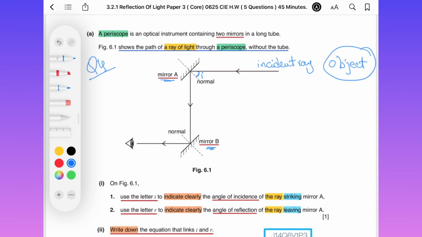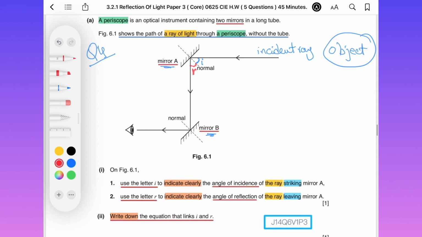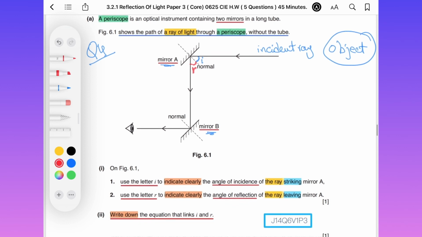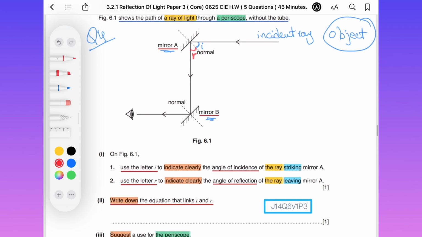So the question is asking you about mirror A. Okay, so letter R. So this will be the angle of reflection of the reflected ray leaving mirror A. Now write down the equation links I and R. So you have to write that the angle of incidence should be equal to the angle of reflection. Okay, so write down the equation.